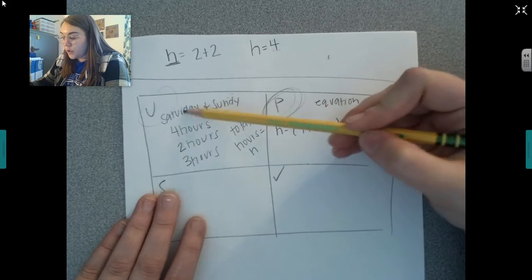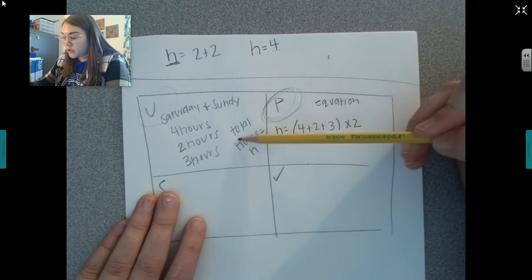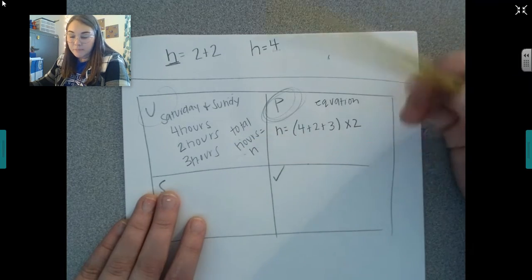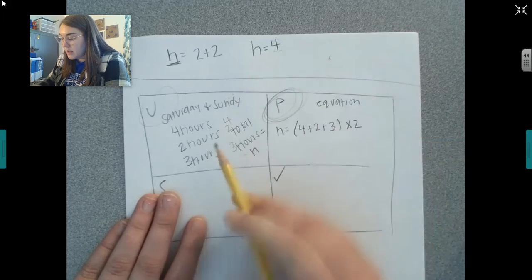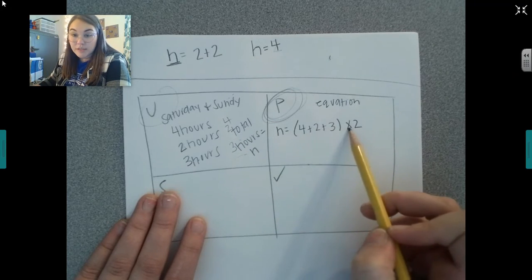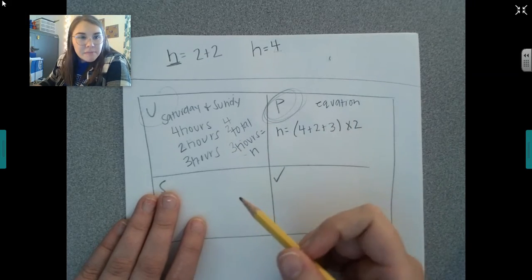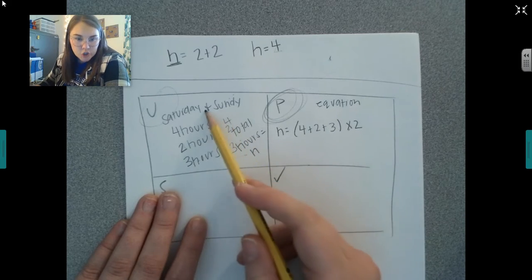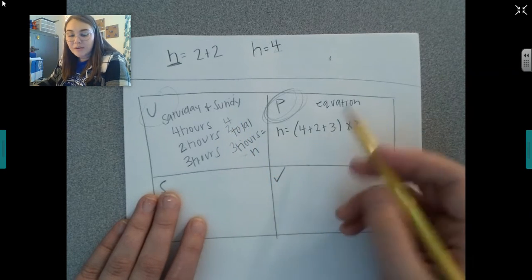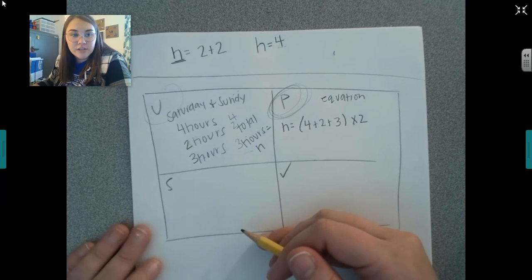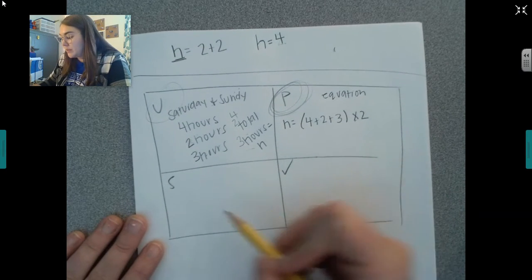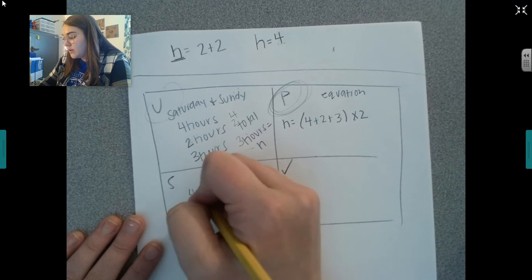You could do 4 plus 2 plus 3, then 4 plus 2 plus 3 and add them together because she did the same for Saturday and for Sunday. But if I multiply 4 plus 2 plus 3 times 2, it's going to give me the same thing because I have 2 days. So let's go ahead and solve that, and we will check our answer, see if it's reasonable, and decide if that's the right equation.